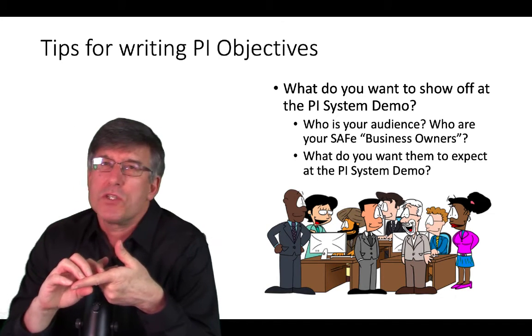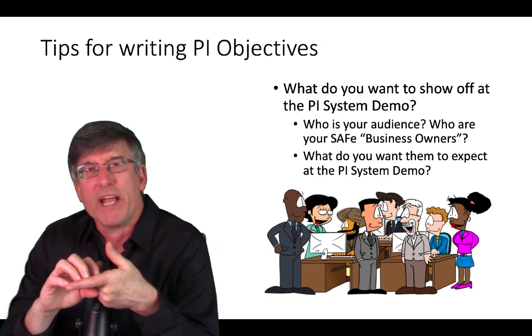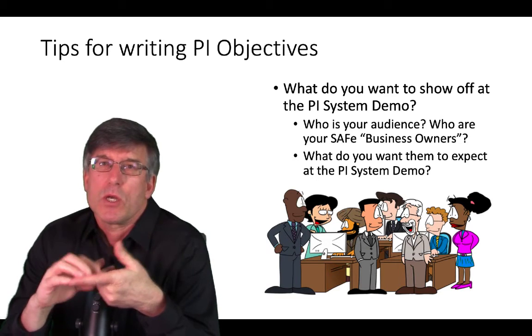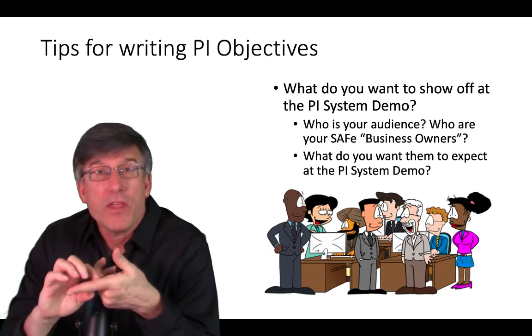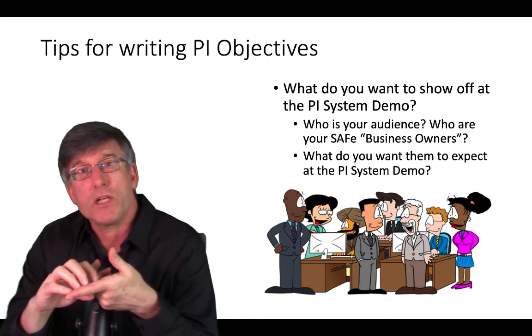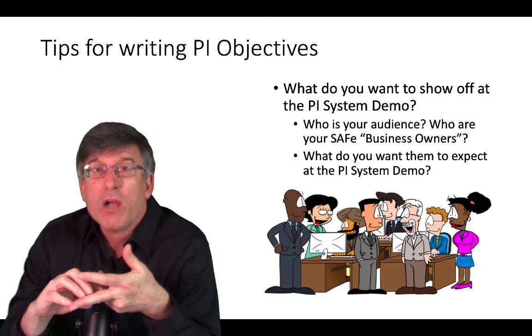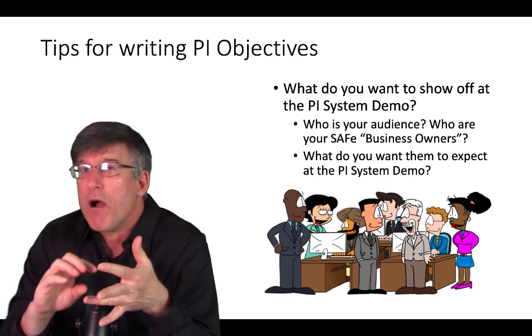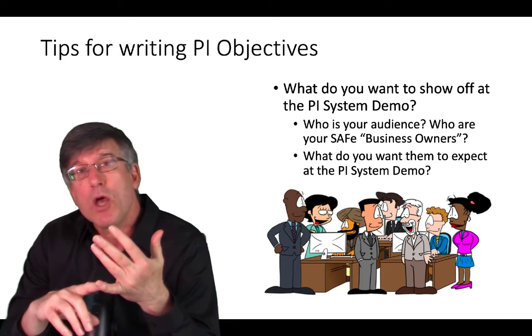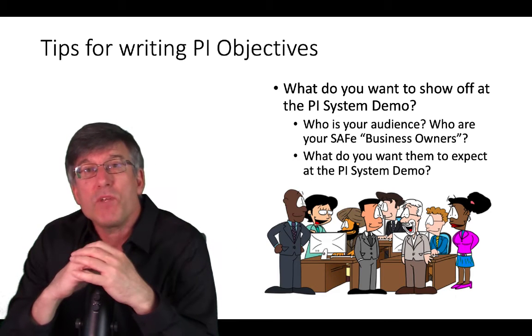Also, the simple oldest rule of writing, know your audience. Who is your audience? Are they engineers, so can you write in technical language? Are they marketing people? Are they accountants? Are they from different aspects of the business?